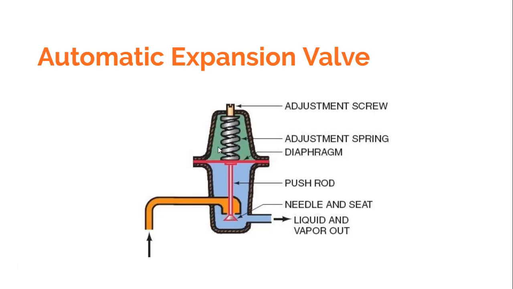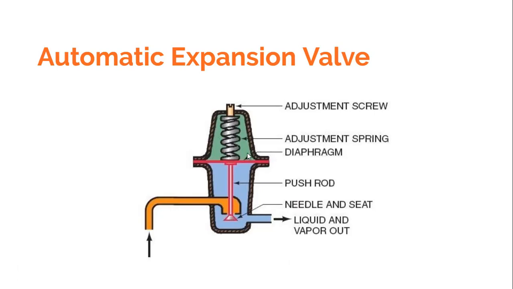At the top, it is almost atmospheric pressure plus the pressure exerted by the adjustment spring, also called a regulating spring. So on this, there are two pressures acting. One is the pressure exerted by this regulating spring, and the other is the pressure in this space, which is equal to the atmospheric pressure.